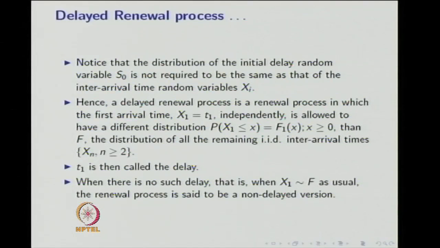When there is no such delay, then X1 is also distributed in the same way, so the distribution of X1 is capital F as usual. Then the renewal process is said to be a non-delayed version.